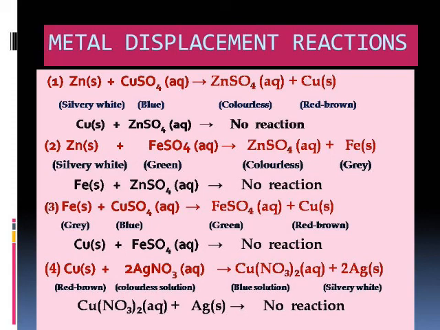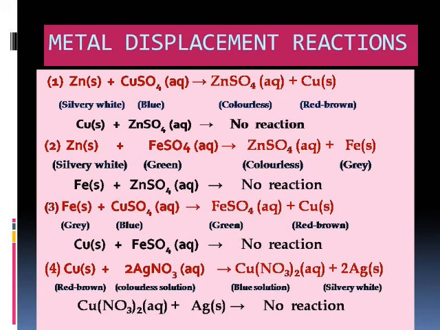Now take another example. A small piece of zinc granule is added to ferrous sulfate solution taken in a test tube. What will you observe? You will observe that the green color of ferrous sulfate solution fades gradually due to the formation of colorless zinc sulfate solution, and grey colored iron metal is deposited on the zinc granule.